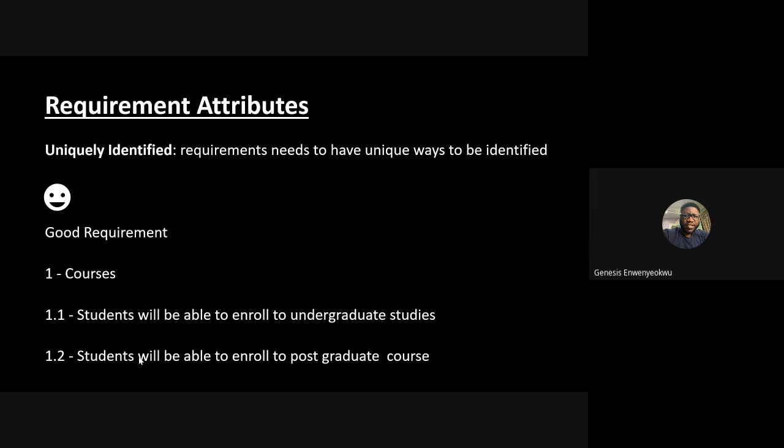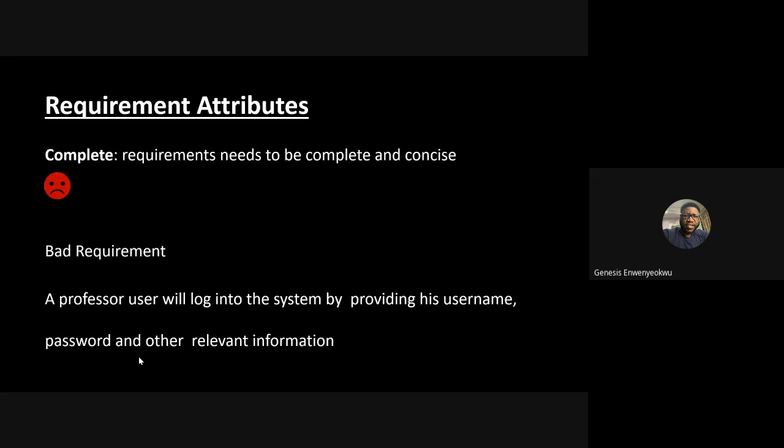Or I can say, since we are talking about enrollments into undergraduate courses, please refer to section 1.1 in my business requirement document. And in that way, you've been able to uniquely identify your requirements as a business analyst so that stakeholders will know how to relate or trace your requirements.